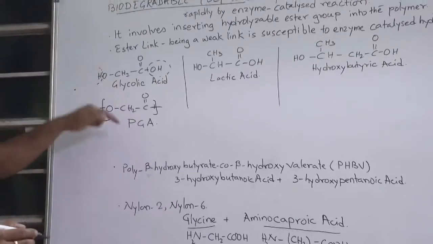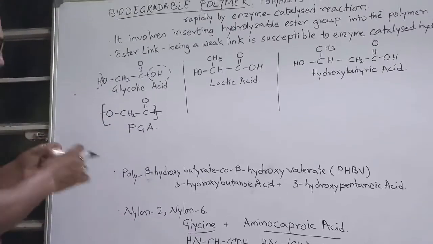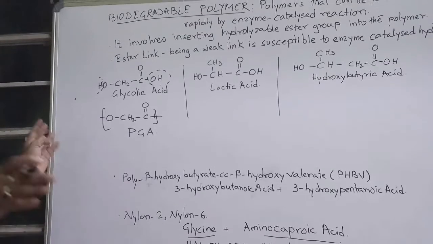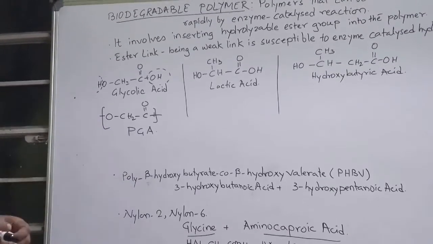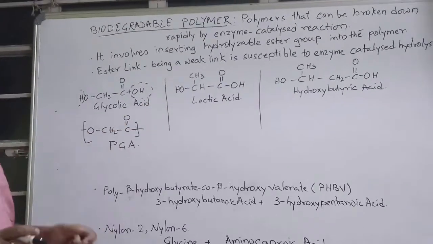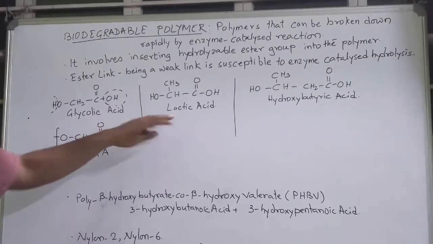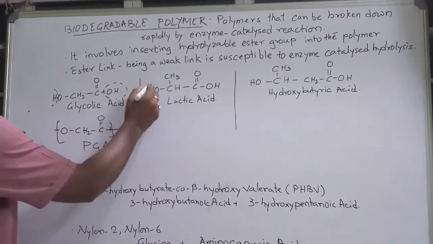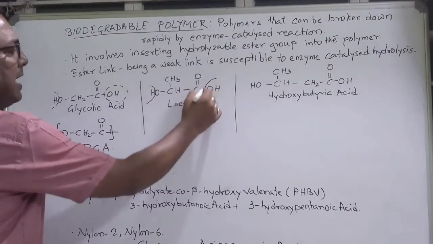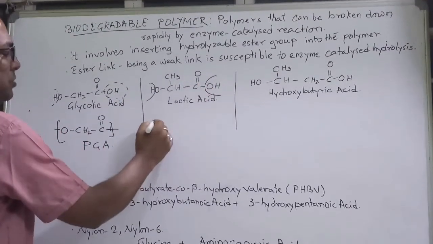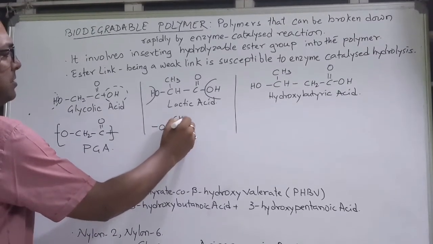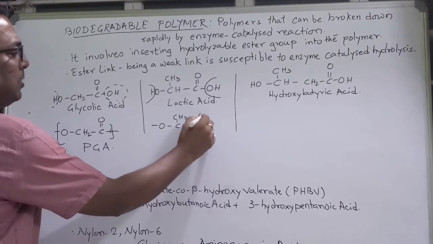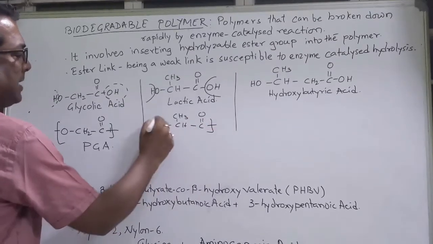So glycolic acid, when you are making it in the form of a polymer, joining hands with other monomers, we get polyglycolic acid. In case of the lactic acid, this is the lactic acid, if we take out the hydrogen part and the hydroxyl part here, you have OCHCH3C=O, and the bond here comes.